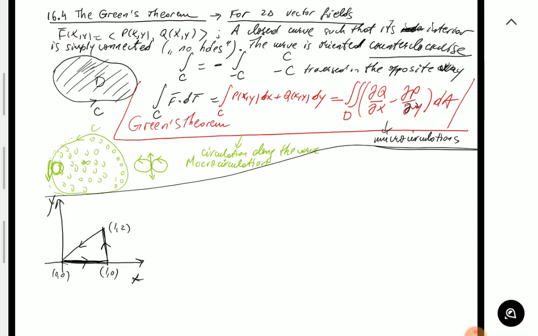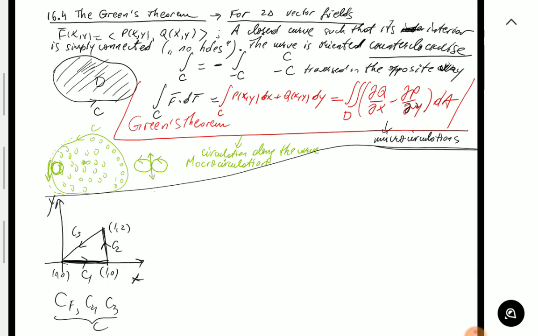Let's call this curve C, and I want to compute the line integral. This curve C is made of three pieces, C1, C2, C3, so together these three form the curve C, which is a closed curve.